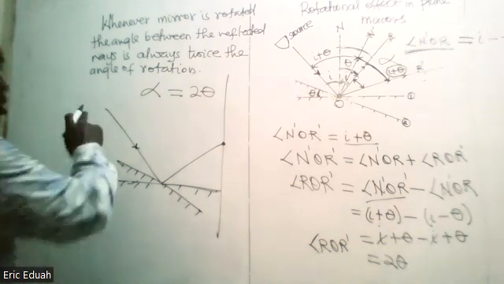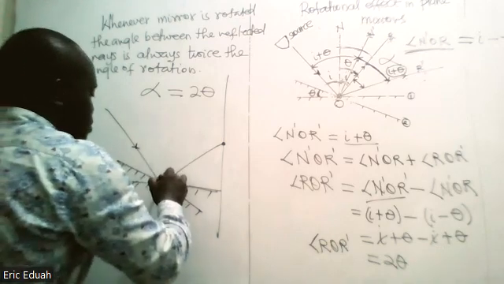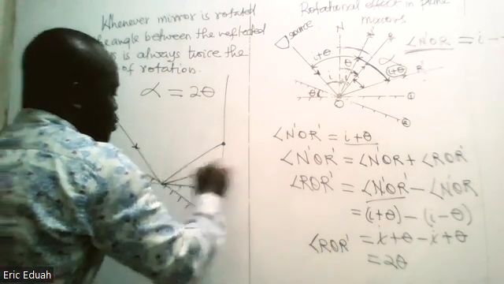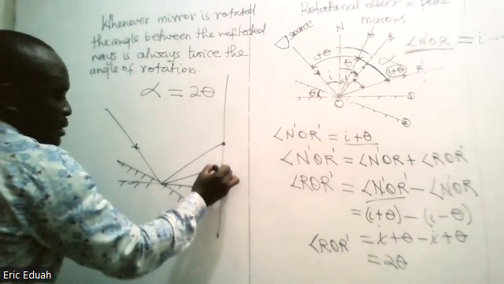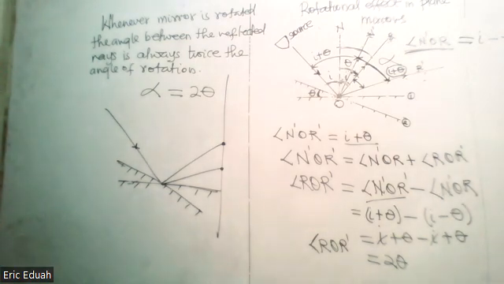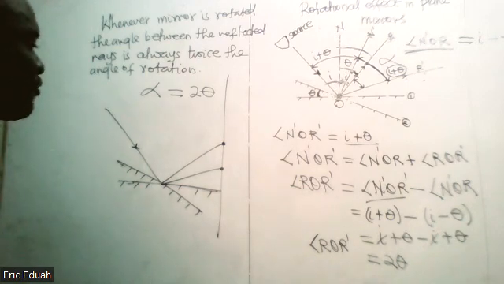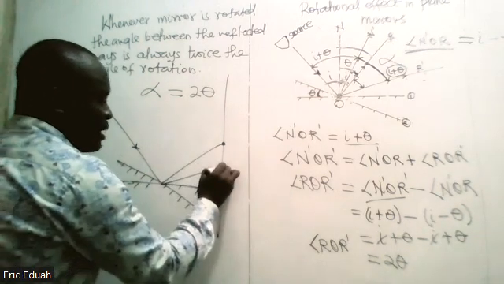The image of the source is captured on the screen at a height, maybe so and so, after rotation. Now the question is: find the height of the image formed.